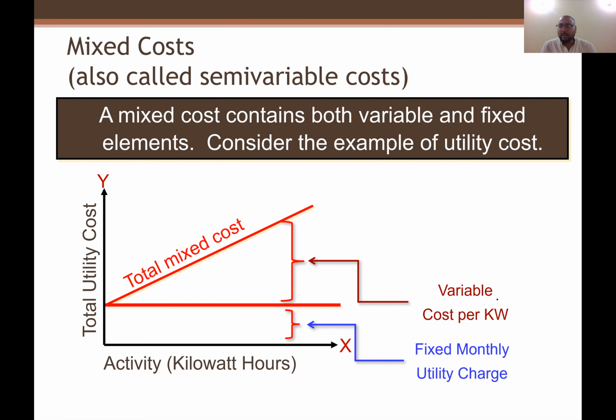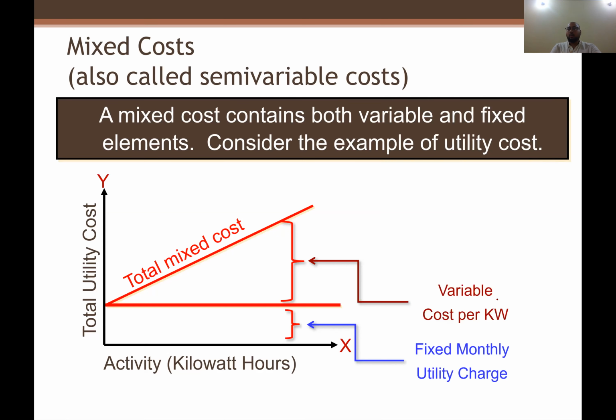If you don't use any electricity the whole month, you still have to pay, for example, $50. After that, if you use more units, you have to pay more, right? So the electricity bill is not a purely variable bill. It is a mixed bill, which includes fixed and variable.